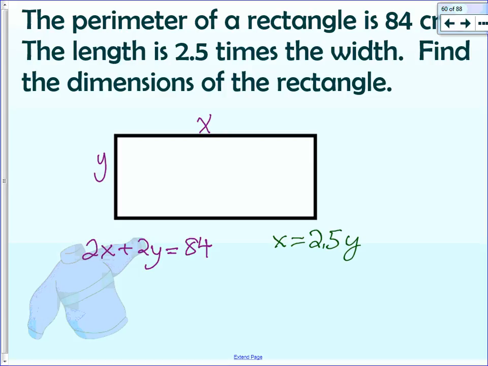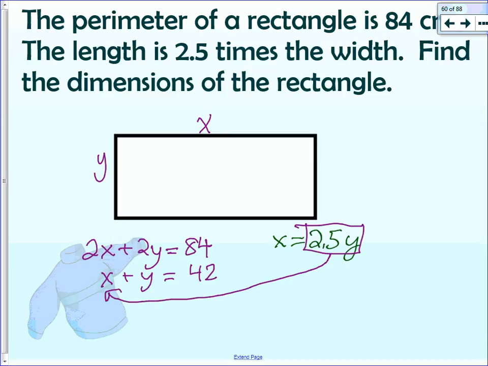Questions so far? So there's a few things I see here. Do you guys see how all of these are evens here? So you can divide them by 2 if you want, and just get x plus y equals 42. And then what you could do is substitute 2.5y in for x.